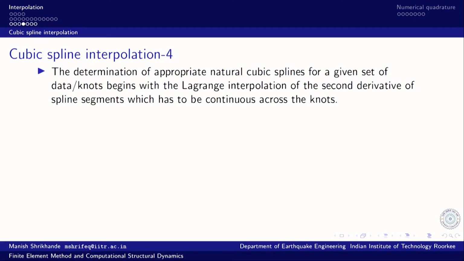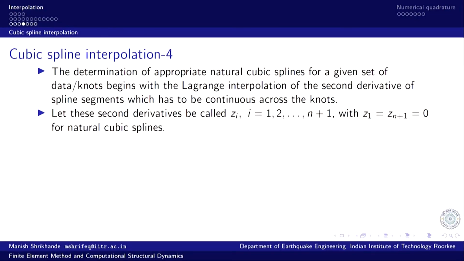So, determination of the appropriate natural cubic spline for a given set of data or knots begins with Lagrange interpolation of the second derivative. We want the second derivative to be continuous, so we define Lagrange interpolation that will ensure that continuity is maintained.